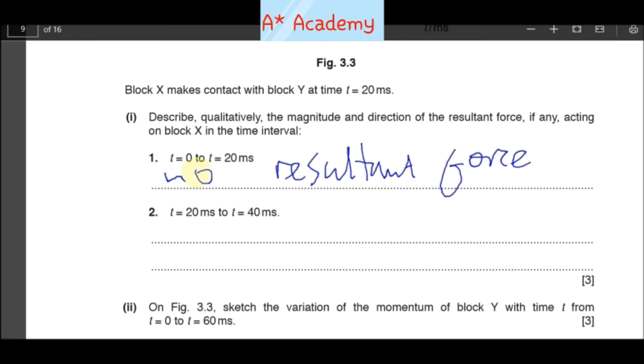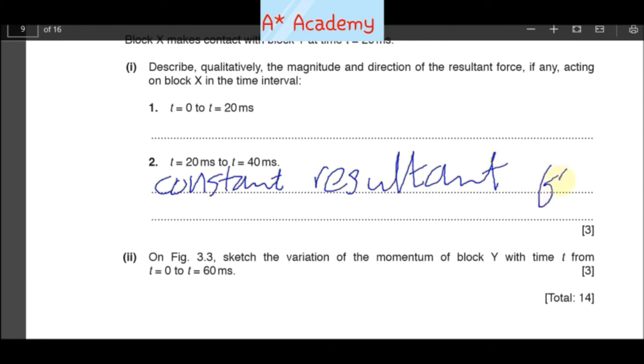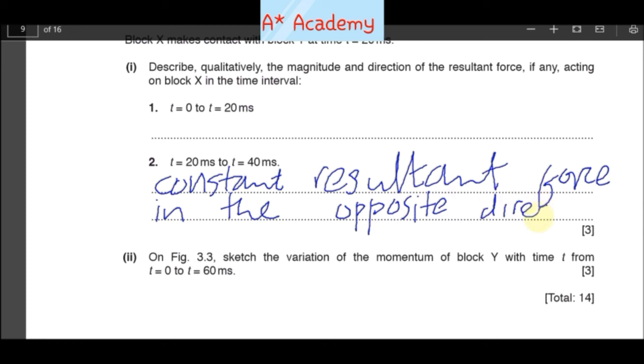Right, then for the other part, constant resultant force in the opposite direction.